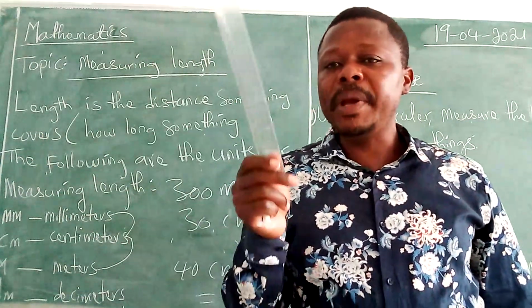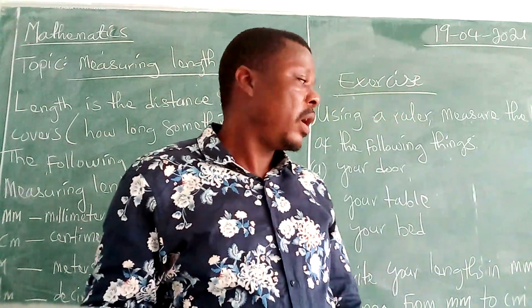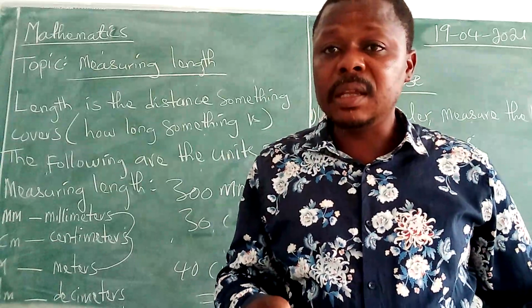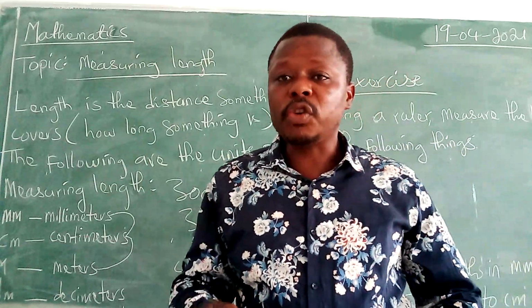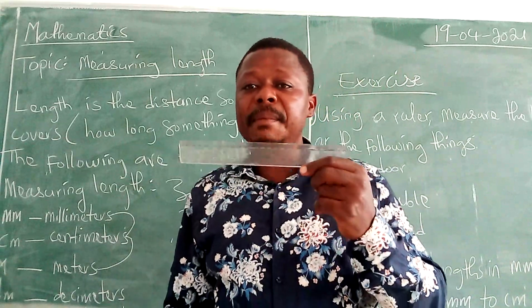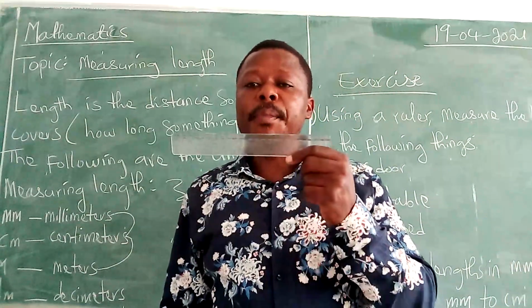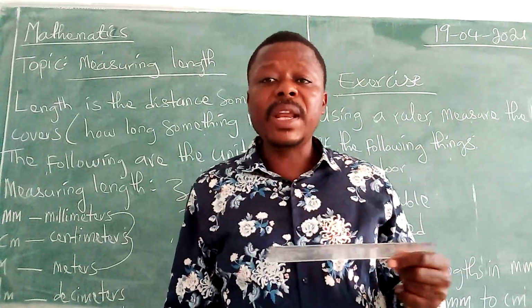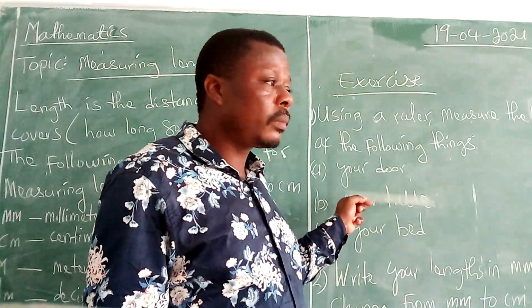You are also going to measure your bed. You do the same, and you measure your table, maybe the center table in your dining room. Use your ruler to make as many measurements as possible. I will be waiting to get these measurements from you together with the exercise that I have given you.